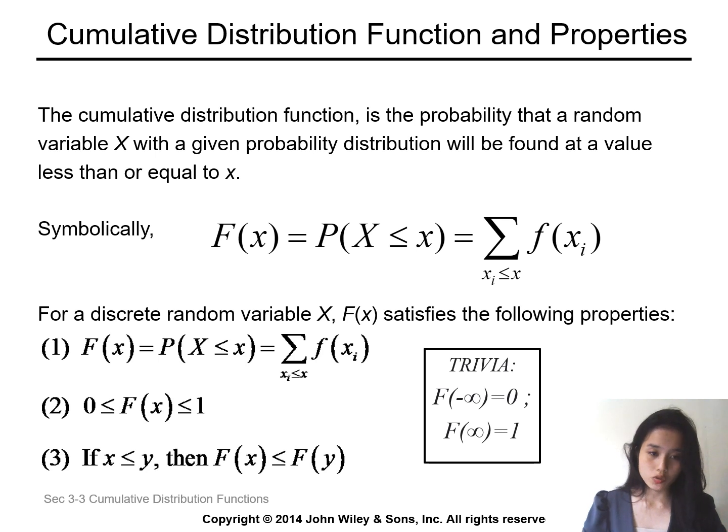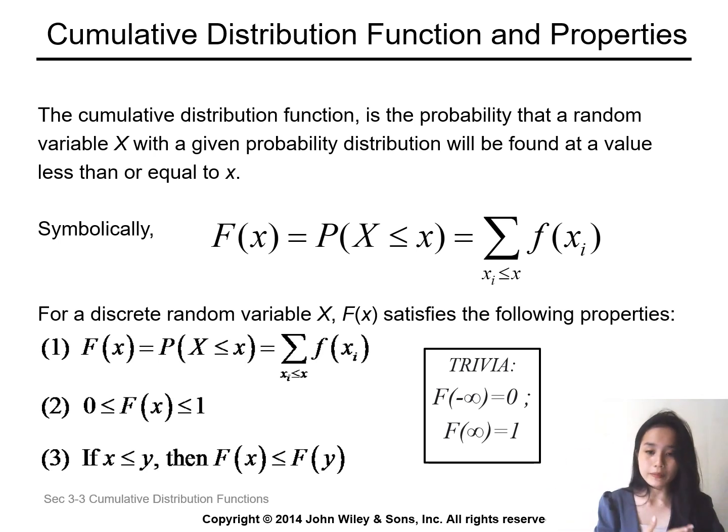For our number 2, the second property states that F of x is greater than or equal to 0, but less than or equal to 1. Since it's a probability, we know that the value will be somewhere between 0 and 1. For number 3, if x is less than or equal to y, then F of x is less than or equal to F of y. Suppose we have two real numbers, x and y, where x is less than y.